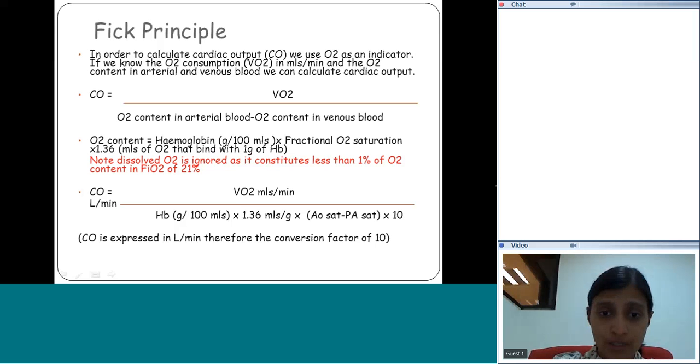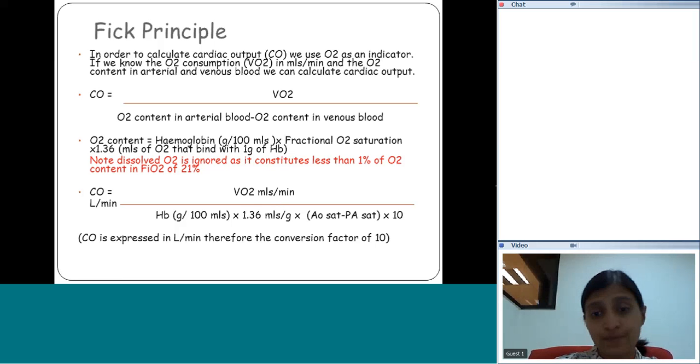Hemoglobin in grams per deciliter times 1.36, which is the amount of oxygen carried by each gram of hemoglobin, times aortic sat minus PA sat, times 10. The times 10 is because cardiac output is expressed in liters per minute, whereas VO2 is expressed in mls per minute. So we are just converting the mls per minute into liters. So this is how you calculate cardiac output.